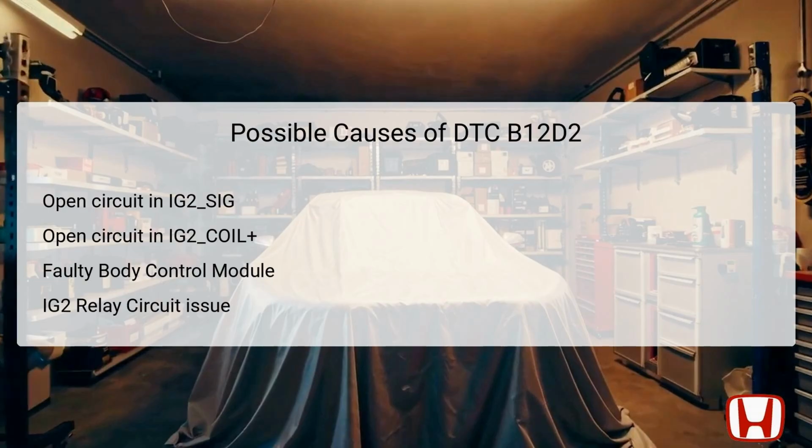It's also possible that the body control module itself is defective, causing it to misinterpret signals from the IG2 circuit. Lastly, problems can arise from the IG2 relay circuit, which controls the circuit's integrity. Each of these potential causes requires careful inspection to resolve the DTC effectively and restore normal vehicle operation.